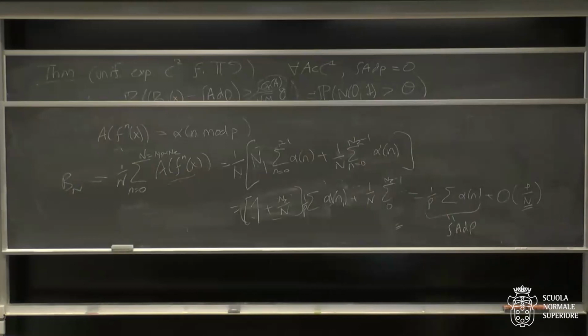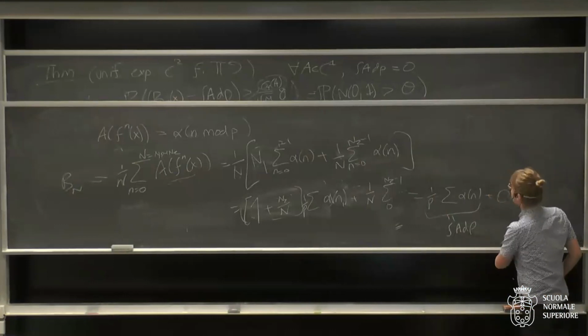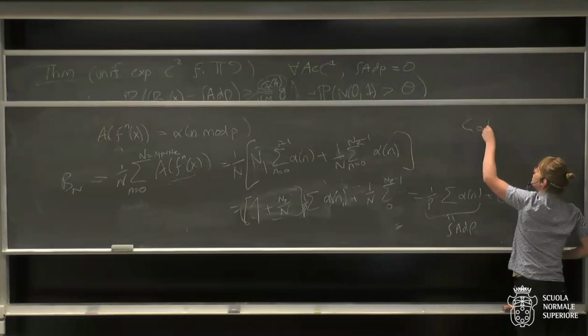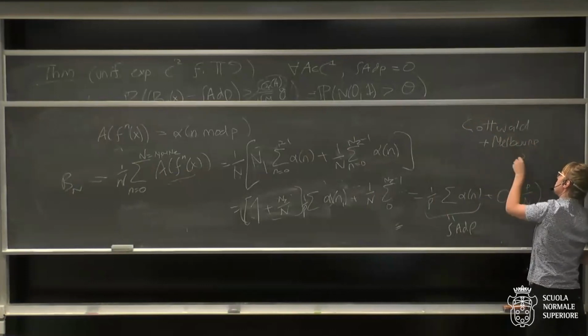But this actually comes into testing for chaos. There's this thing called the 0-1 test for chaos, which was by Gottwald and Melbourne in the early 2000s.